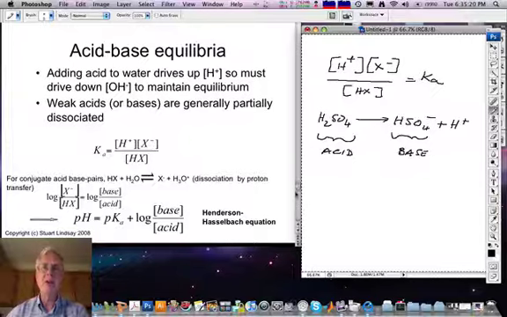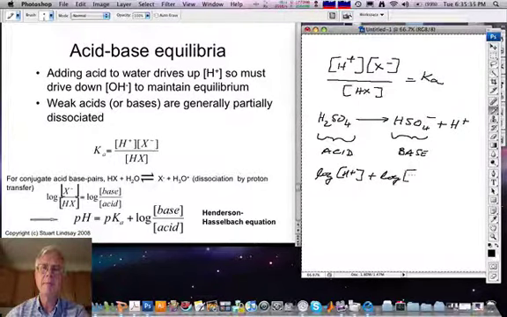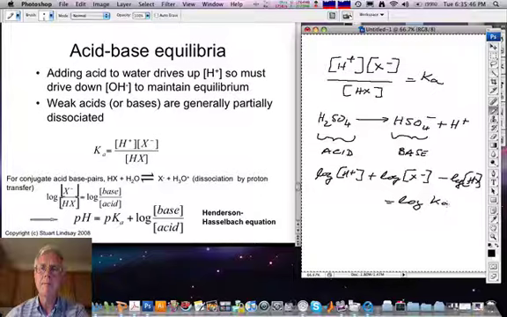So returning to this definition of equilibrium constant, if we take logarithms of every term, base 10, and multiply everything through by minus 1, and then rearrange, this of course is just the pH.